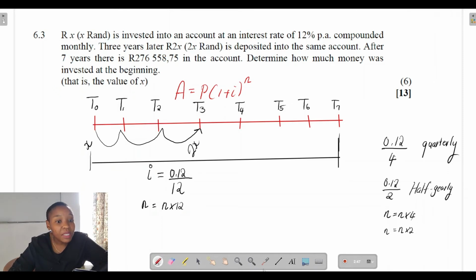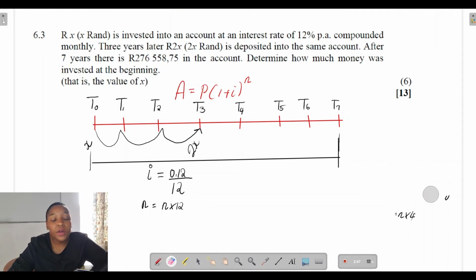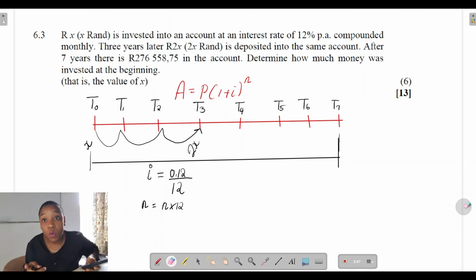In this particular question, we are told that it's compounded monthly. So your i is the interest rate divided by 12, and the n is the number of years multiplied by 12.